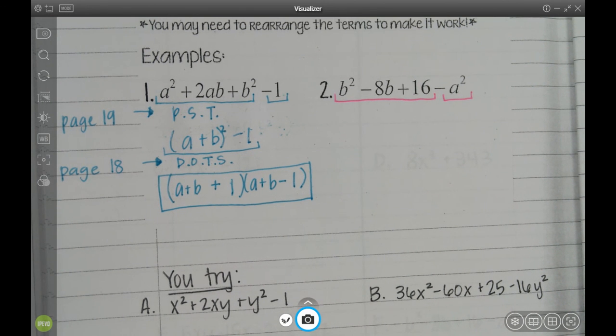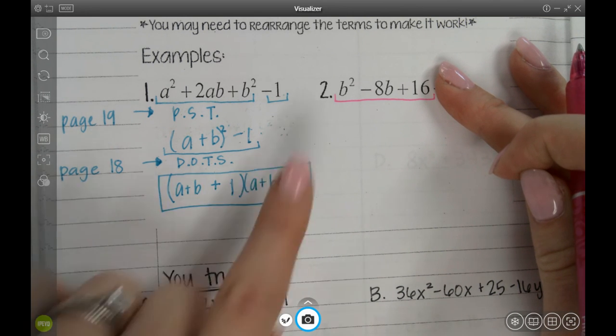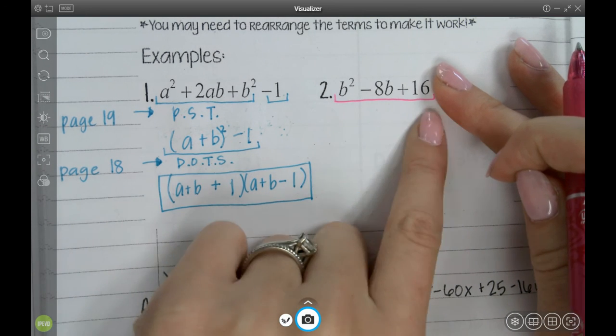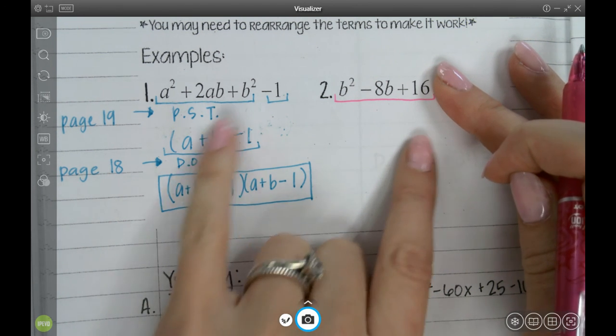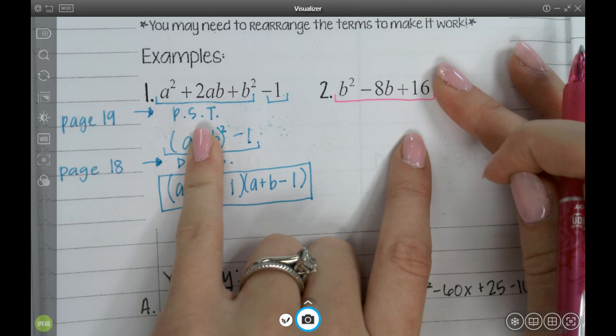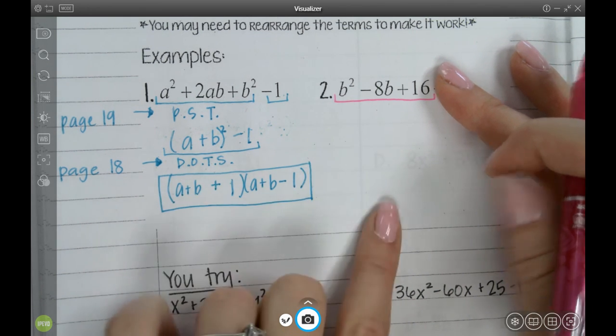Okay, so cover this up. B squared is a perfect square. 16 is a perfect square. If you have to group 3 and 1, it's always going to fit that perfect square trinomial thing from page 19. Okay, so square root of b squared is b.